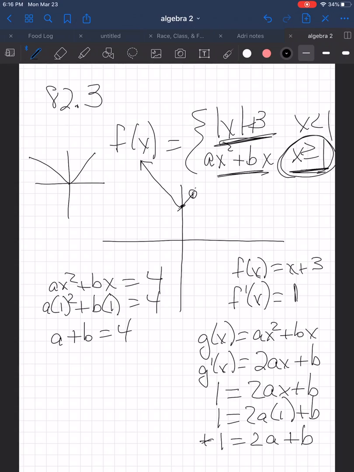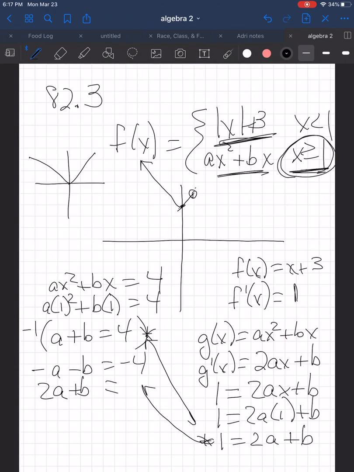So I have this equation and I have this equation. Now we can use substitution and elimination to solve for this. So if I multiply this by negative 1, that becomes minus a minus b equals negative 4. And if I bring this guy right here, that's 2a plus b is equal to 1. So that's a is equal to negative 3.